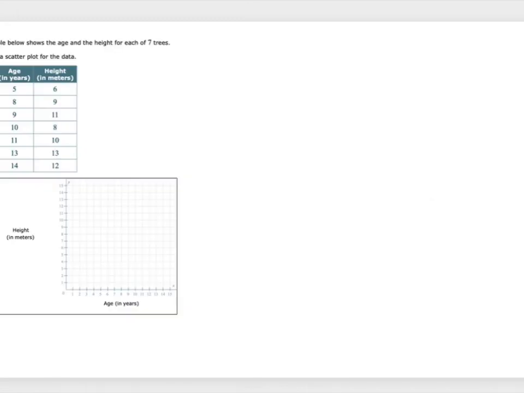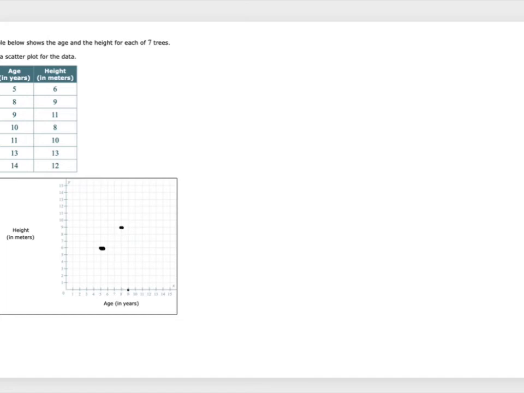Okay? All right, so now it says the table below shows the age and the height for each of 7 trees. Okay, create a scatter plot for the data. All you have to do is plot those points, right? So let's plot 5, 6. 5 up, let's see, 6 is right there. So we got to go over to 5 and plot a point. 8, 9. So 8, and we got to go up to 9 and plot a point. 9, 11.